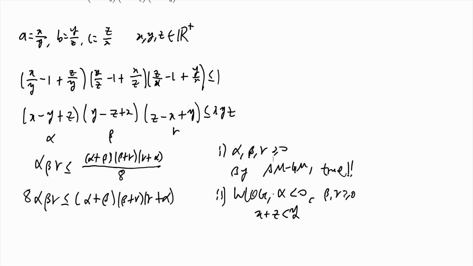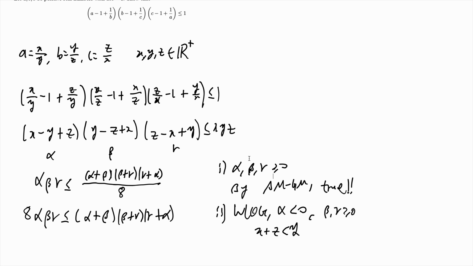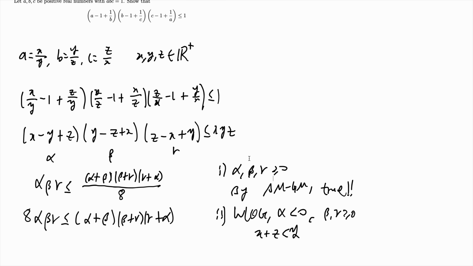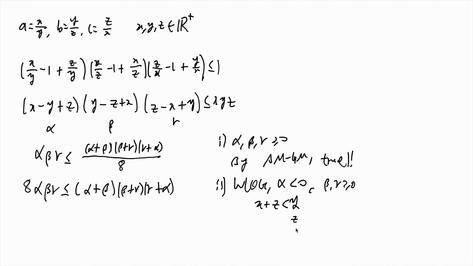How about if alpha is less than 0? Obviously this side will be 0 or a negative number. How about our right hand side? If alpha is less than 0, beta and gamma are positive. So z plus y, this is z plus y.